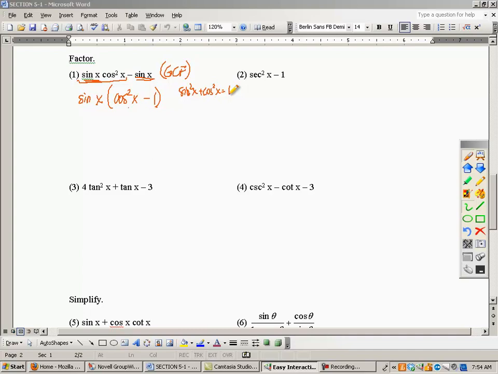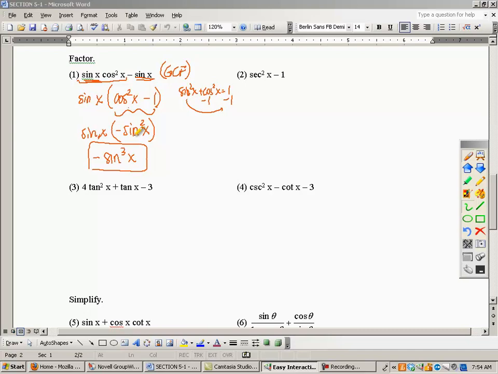If I want it to be cosine squared minus 1, then I move the 1 over here, and I move the sine to the right by making it negative. So this part right here is actually the negative sine of x, sine squared of x. And if I multiply that by the sine of x, I get negative sine cubed of x. Because I have 1 here and 2 more here, that gets me sine cubed.